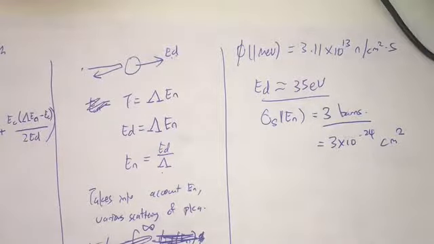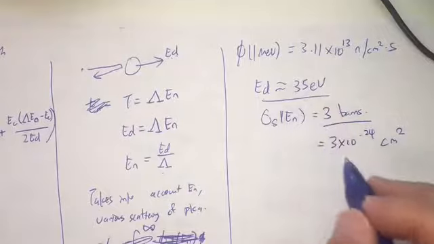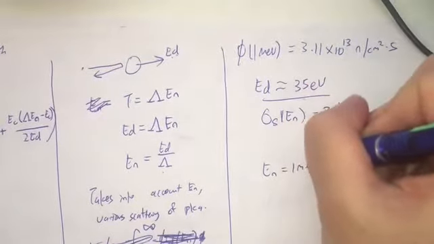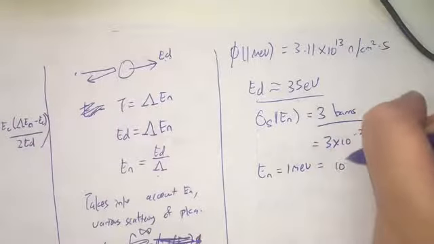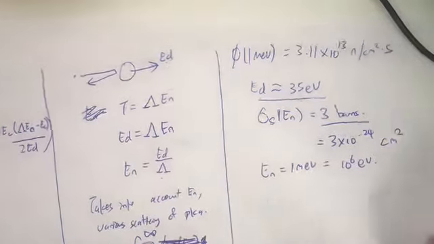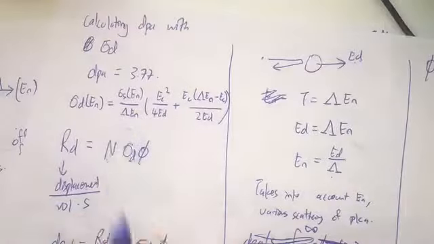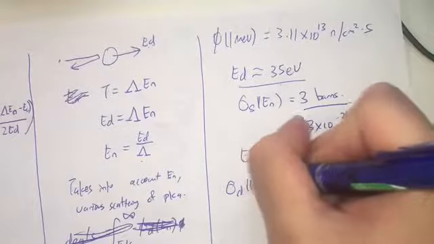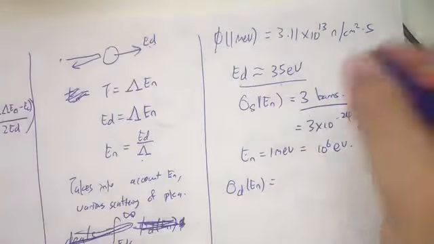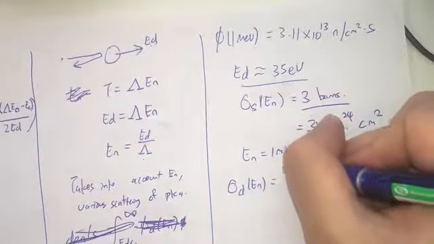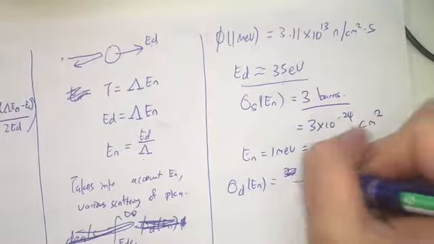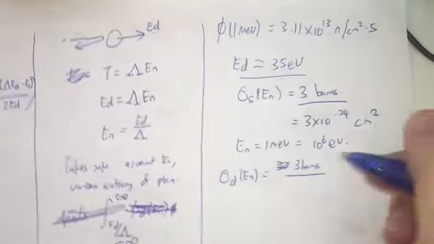Okay, so now we have En equals 1 MeV, equals 10 to the 6 eV. Now we can substitute all this into a displacement cross-section. So, just going to calculate the displacement cross-section now. So that's 3 barns over lambda. Now what's lambda?